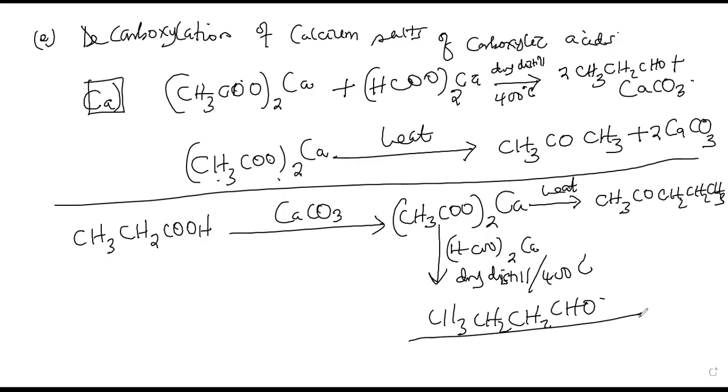Now we've said that calcium salts of carboxylic acids, when heated, decompose to form ketones. And of course, it manifests itself from here. The salt decomposed to form a ketone.